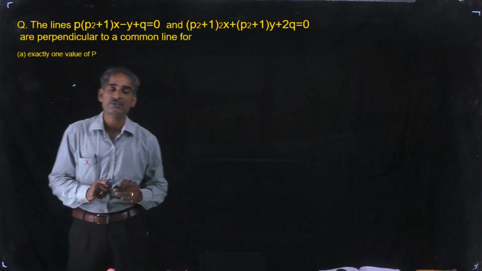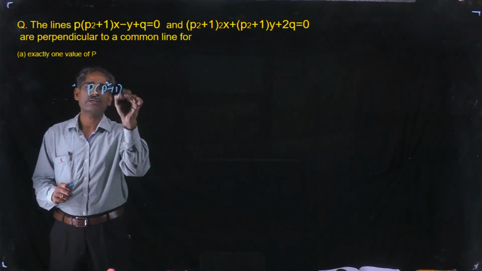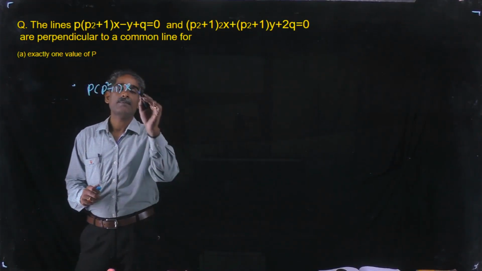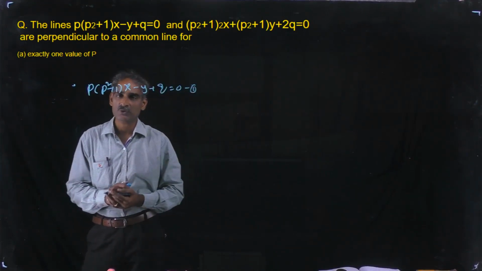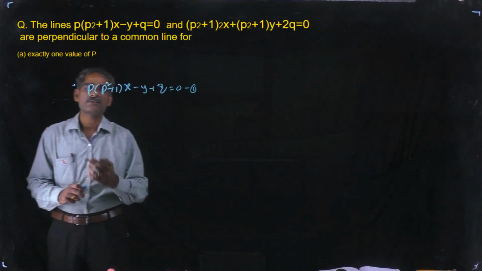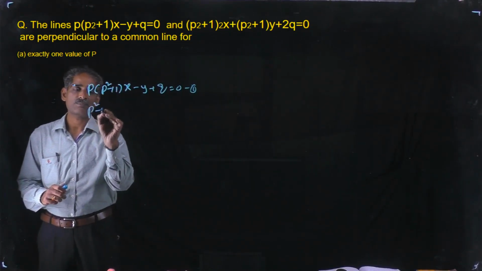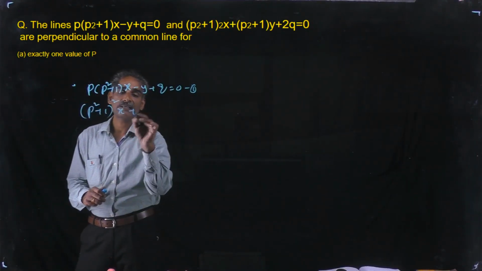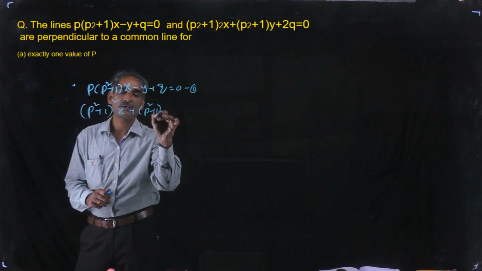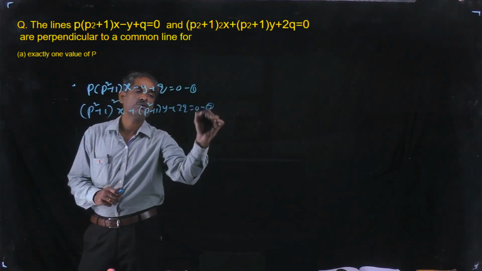The first equation is P(P² + 1)x − y + q = 0. This is equation 1. And the other one is (P² + 1)²x + (P² + 1)y + 2q = 0.